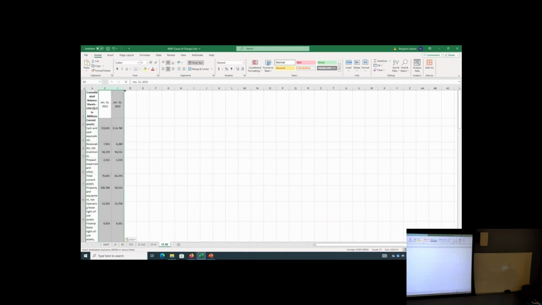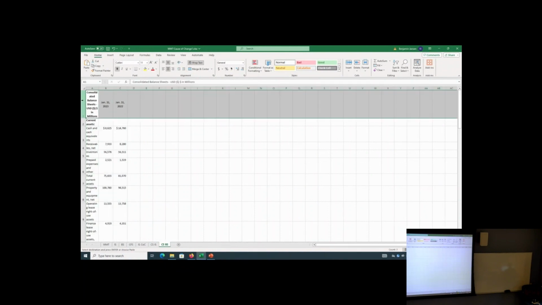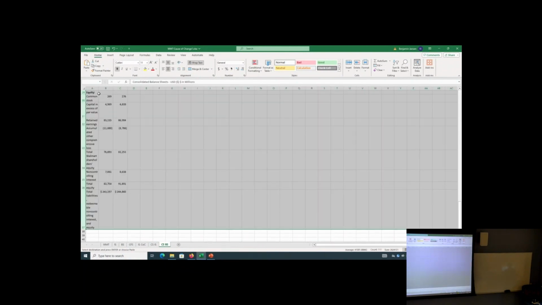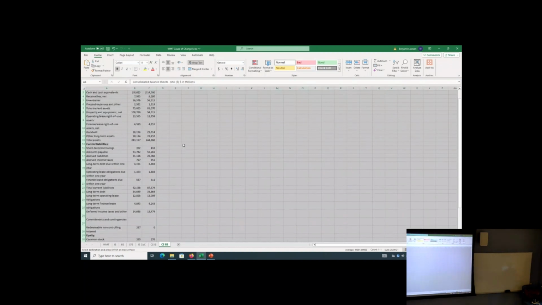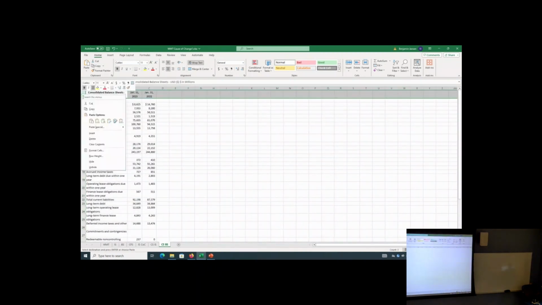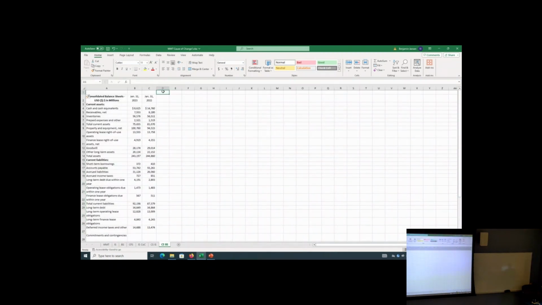All right, now we're going to copy over the balance sheet. Make it look a little bit nicer. Now we're going to be calculating the common size balance sheet.